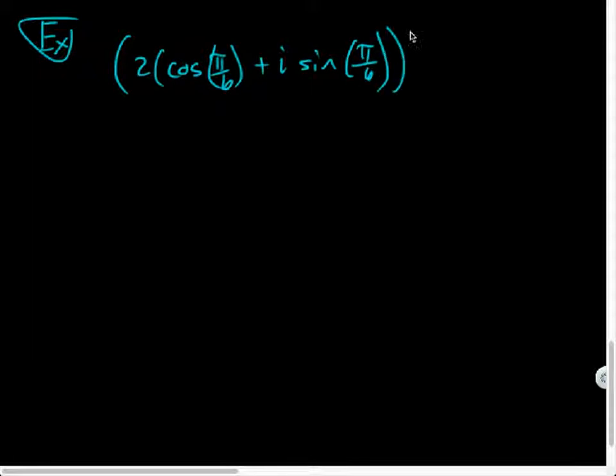And let's say I'm raising this all to the negative 5th power. I just changed it up on us because originally I had a rectangular form, and I'm sick of converting from rectangular to polar. I think you guys are masters at it. So I'm just going to cut that step out of the way. So, looking at this, could you tell me what is the value of r, theta, and n in de Moivre?